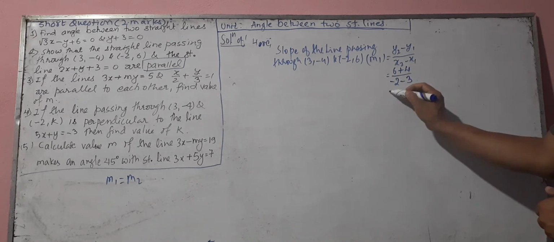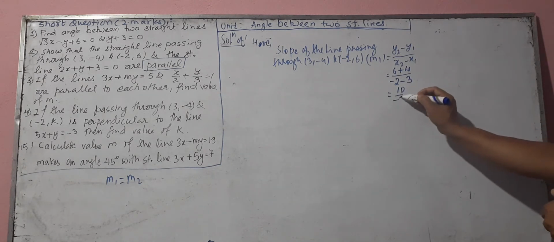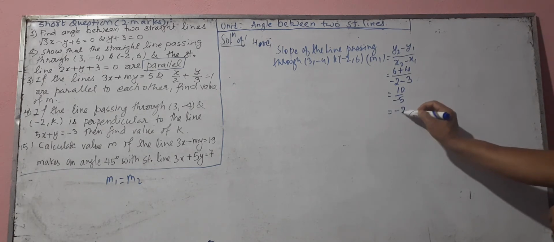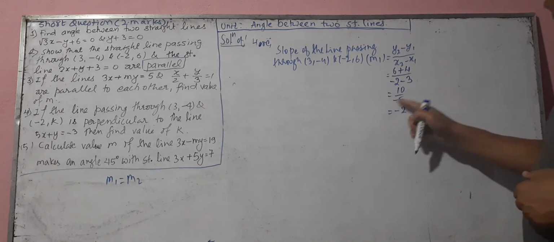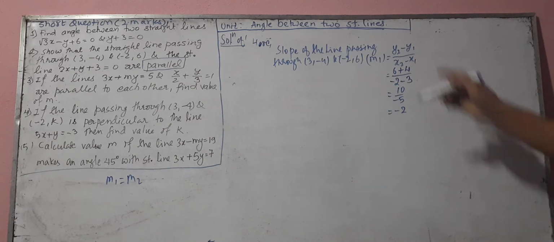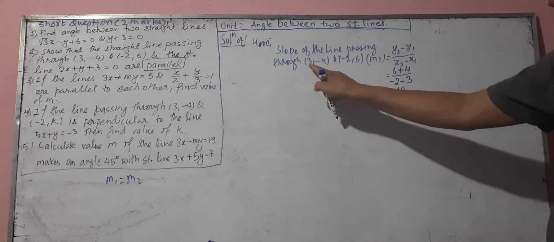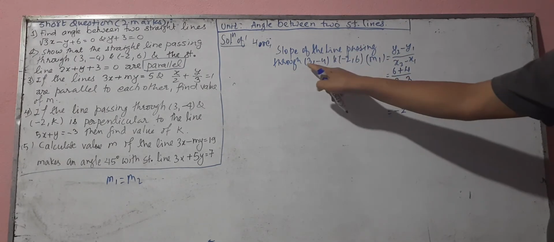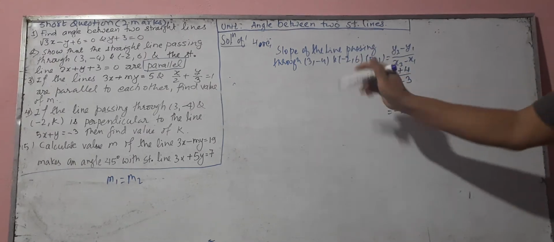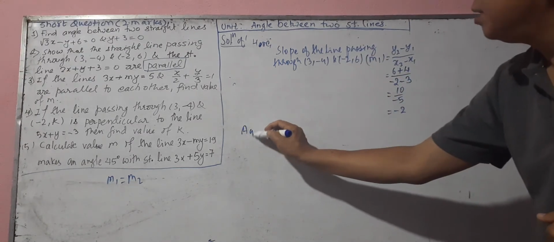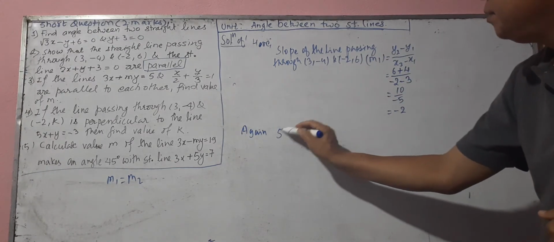So this gives 10 by -5, and when we divide 10 by -5 we get -2. This is the slope of the line passing through the 2 points (3, -4) and (-2, 6).